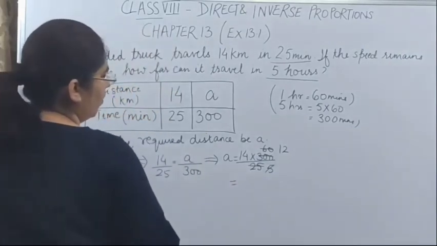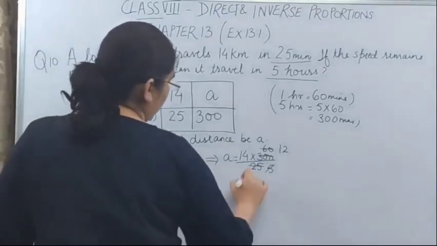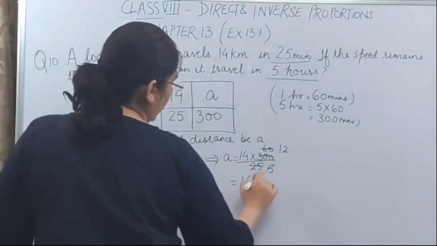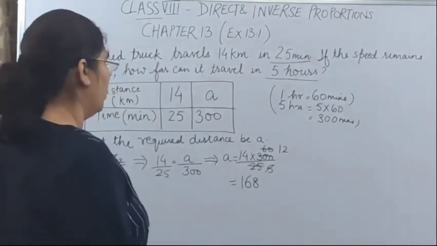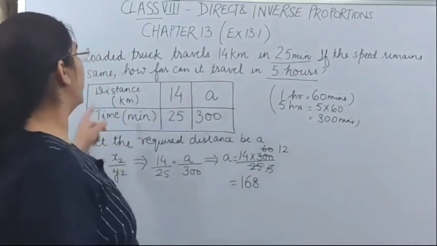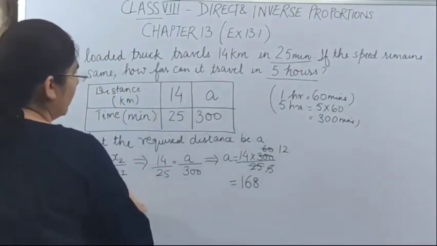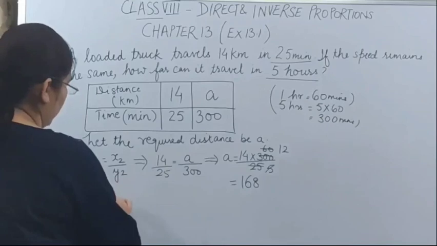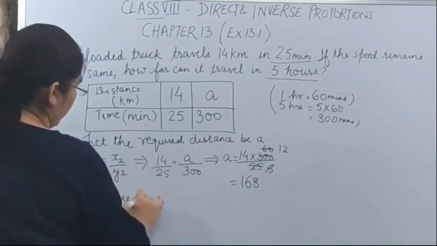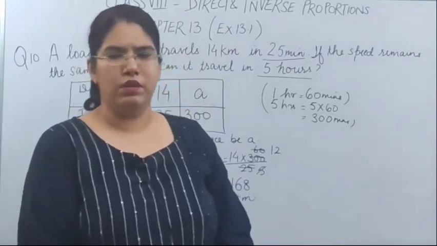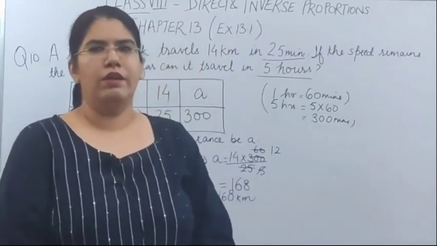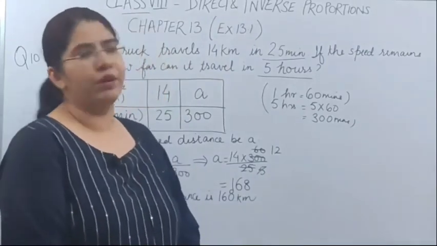You get 168, right. So, if the speed remains the same, the required distance is 168 kilometers. With this, we come to the end of direct proportion and exercise 13.1.